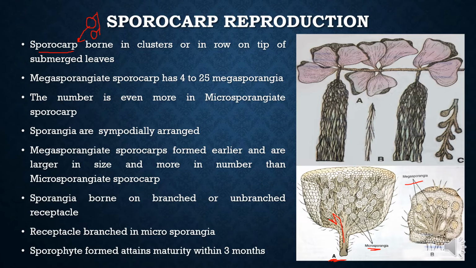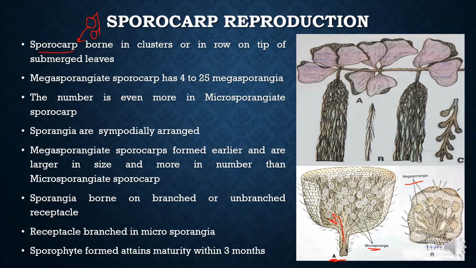The sporocarps that contain microsporangia develop later, are much smaller in size and much larger in number as compared to the megasporangiate sporocarp, or female gamete producing sporocarp.